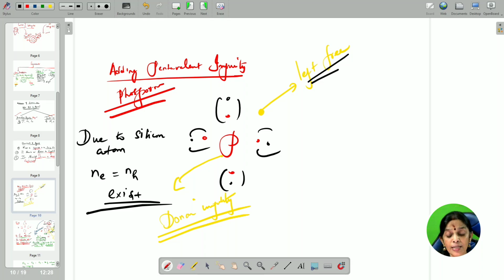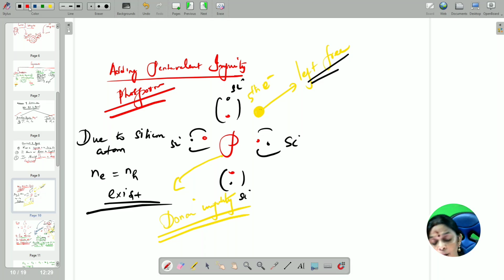Here how many phosphorus atoms have we taken, children? Only 1 phosphorus atom. 1 phosphorus atom has 5 electrons, so 4 electrons form covalent bonds, whereas the 5th electron is left free. So 1 electron is left free by the phosphorus atom, therefore 2 phosphorus atoms, 2 electrons, n phosphorus atoms, n electrons.